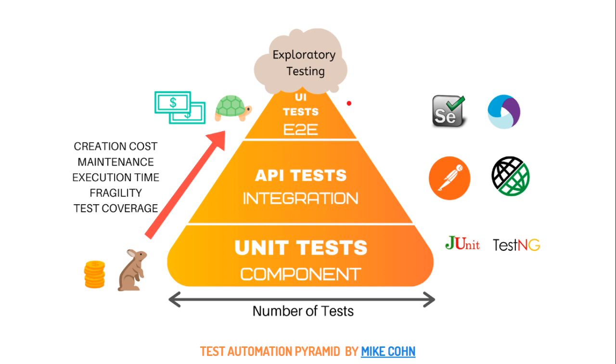So when you are planning for test automation, keep these principles in mind so that you automate at the right layer and at the right proportion, and also understand how creation cost, maintenance, execution, fragility, and test coverage increase when you go on top of the ladder. Basically, test automation preaches that you need to push your tests down to the API layer and unit test.